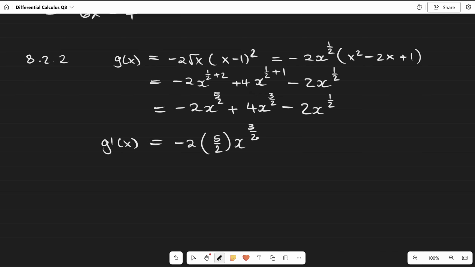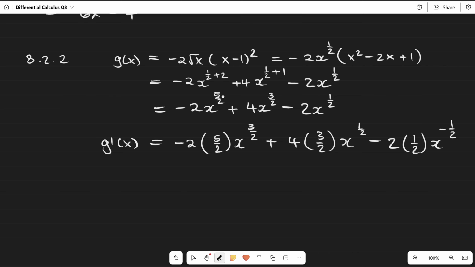Plus 4 multiplied by the exponent, which is 3/2, x to the 3/2 minus 1, that should be 1/2, right? Minus 2 multiplied by 1/2, then x to the 1/2 minus 1, that is negative 1/2, right?